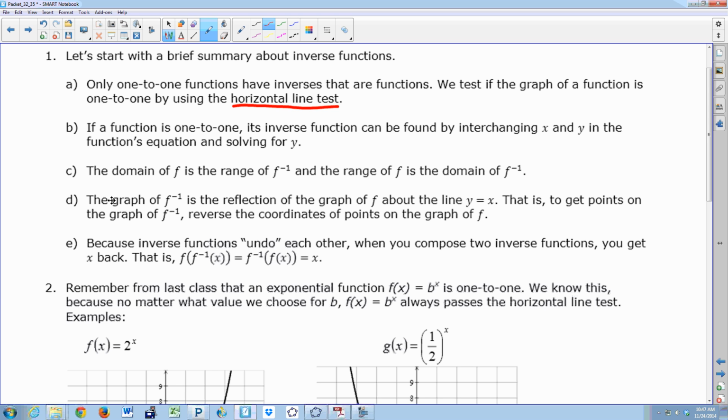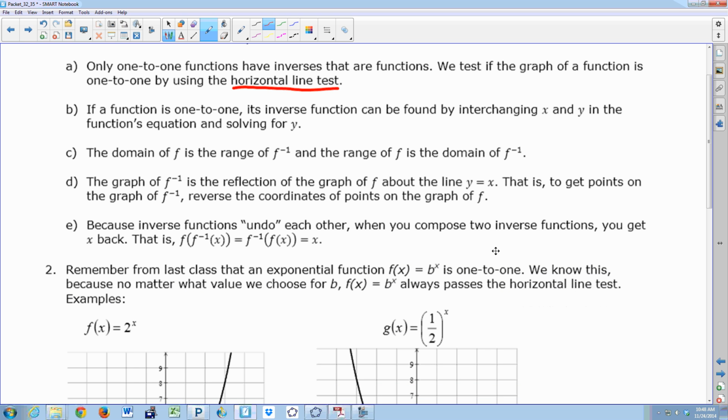Right, so we just swapped the input and output, the x and y coordinates. If we had a graph of a function and we were asked to graph its inverse, we know it reflects over the line y equals x, which goes straight through the origin, a straight line with slope 1.